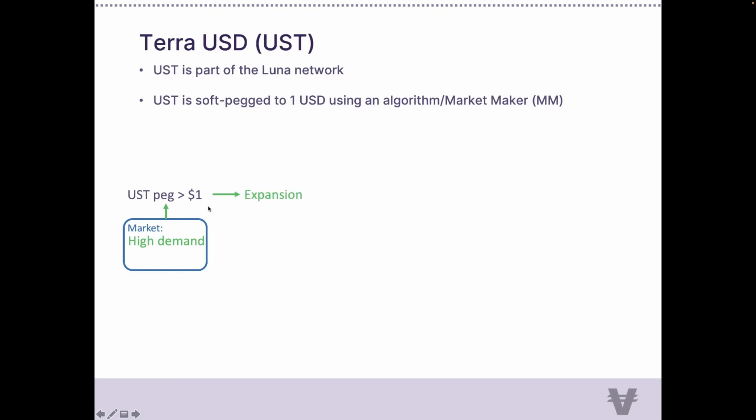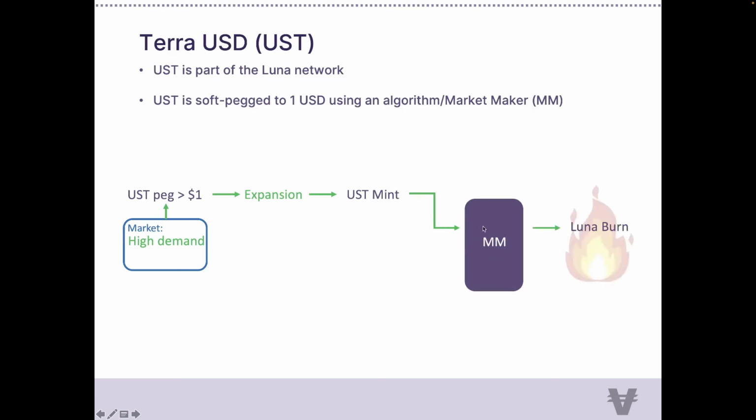What happens then is an event called expansion, and expansion is directed at the supply of USD. So there will be an increase in USD, so they mint USD, and then the market maker protocol, abbreviated as MM, or the algorithm, can do two things.